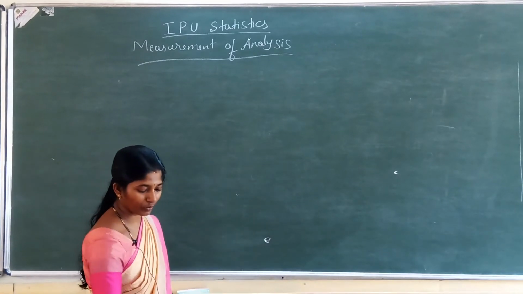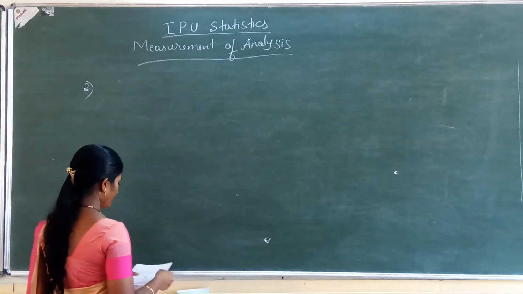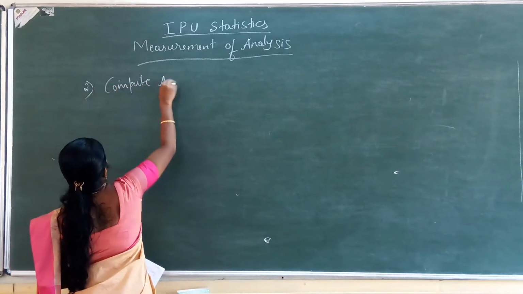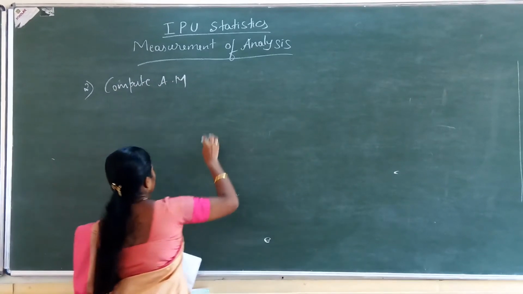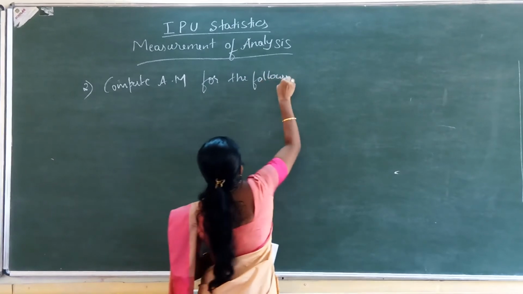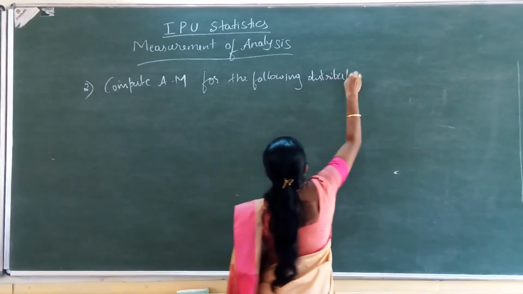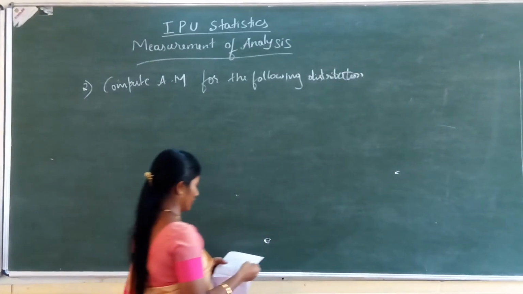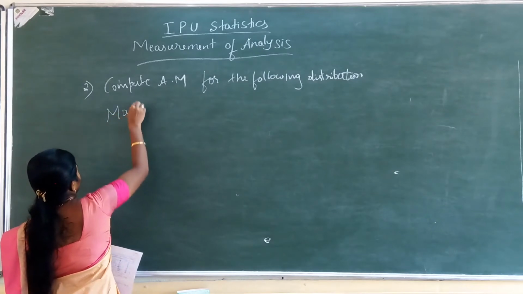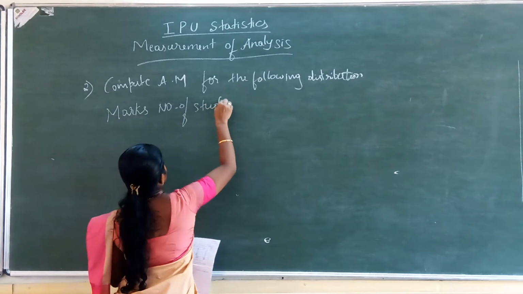So the second problem: compute AM for the following distribution. Their marks are given and the number of students is given.